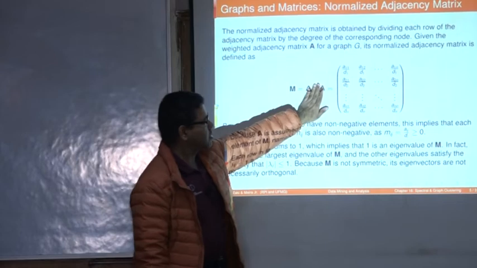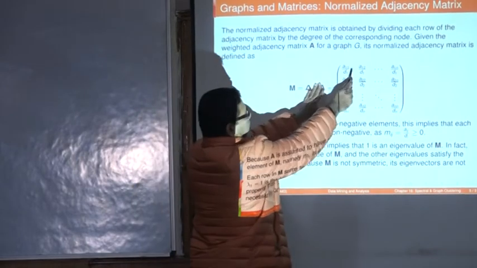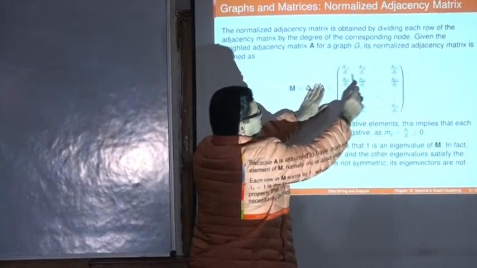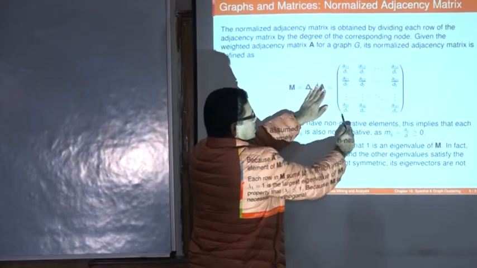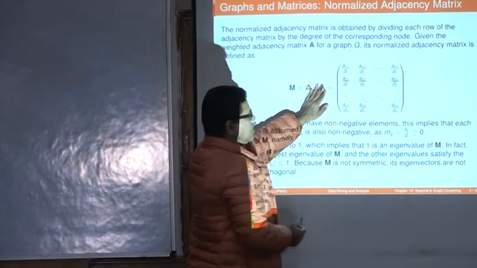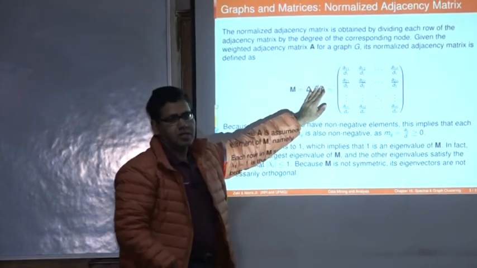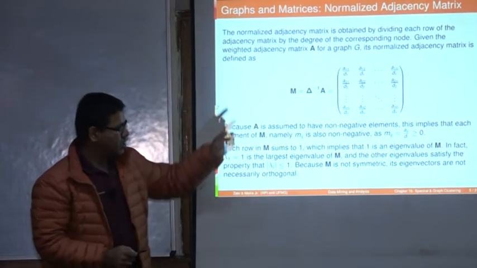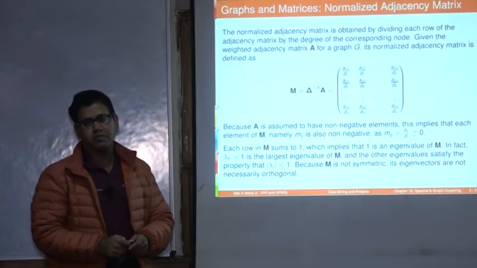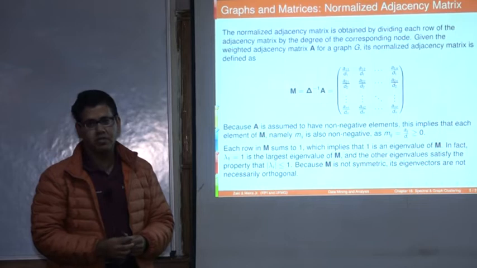Essentially, the first row is divided by the degree of vertex 1, the second row by the degree of vertex 2, and the last row by the degree of vertex n. So this operation, like I said last time, can be written very compactly in matrix notation as the inverse of the degree matrix times the adjacency matrix.